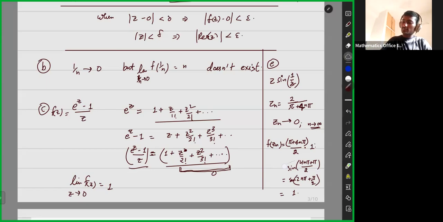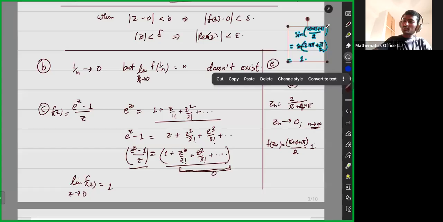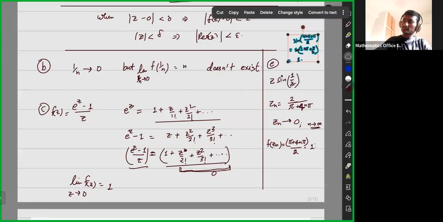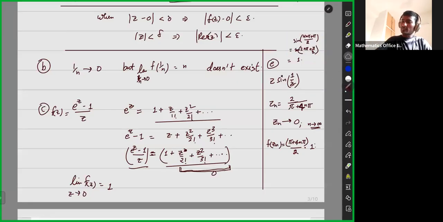This is a rough calculation. From here, this implies f of zn does not exist because of this n here.